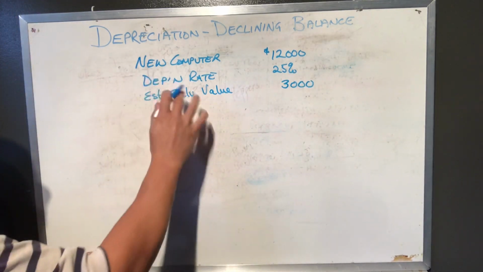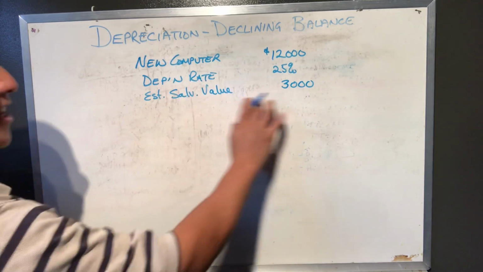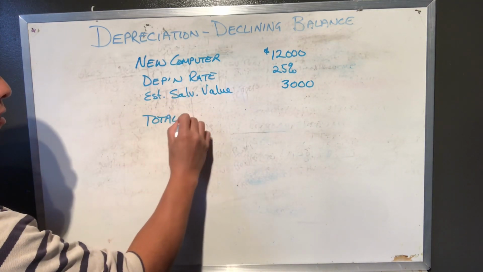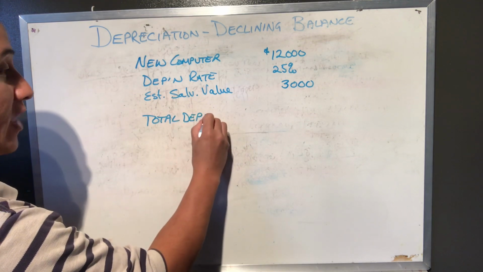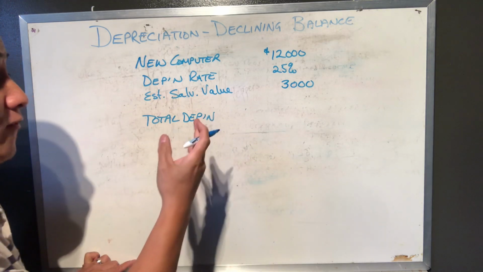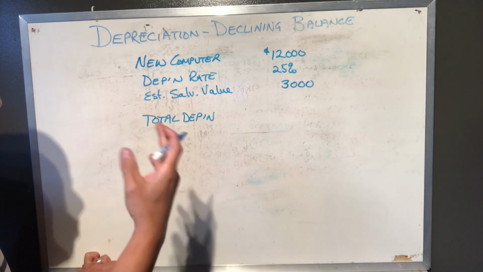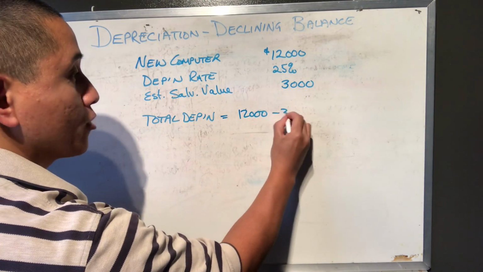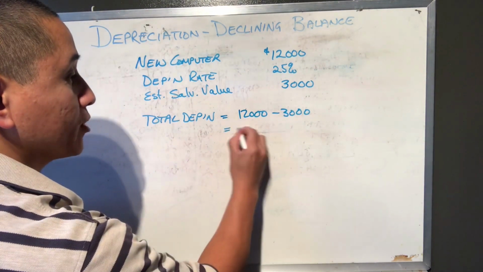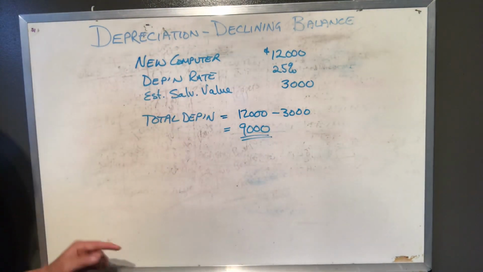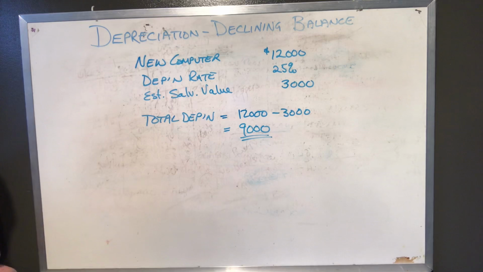Therefore, the new computer less the estimated salvage value, the total depreciation that we will be recognizing throughout the entire estimated useful life is going to be 12,000 less 3,000. So that's going to yield $9,000 total depreciation over the years that we're going to have to recognize depreciation.